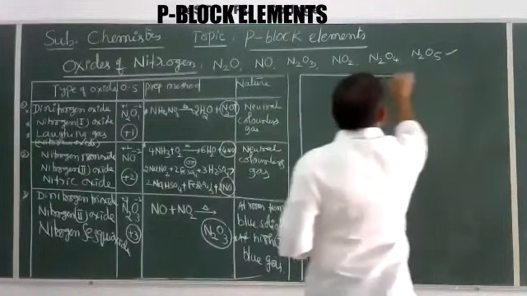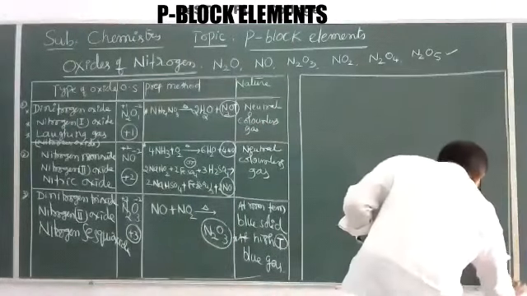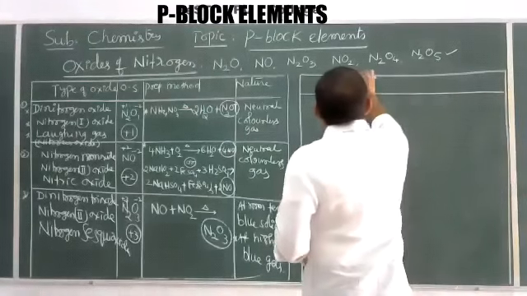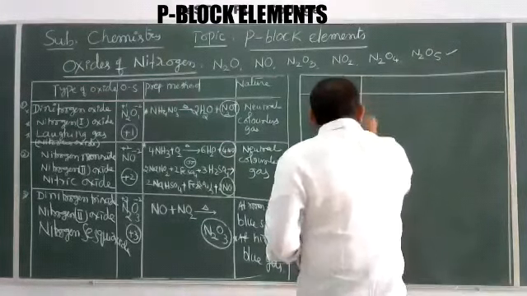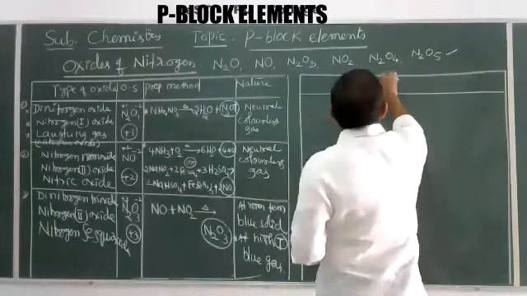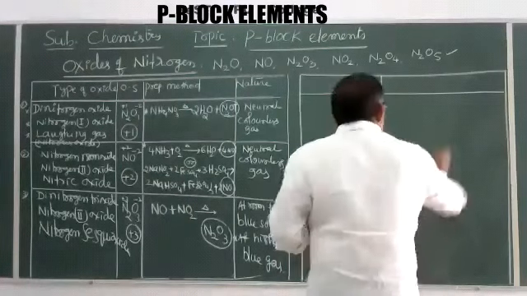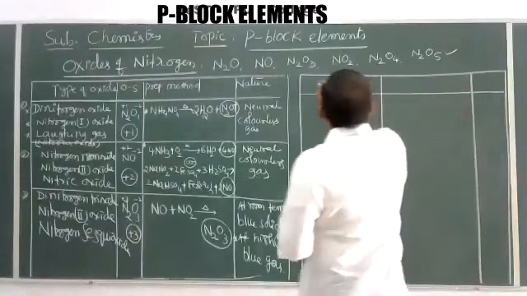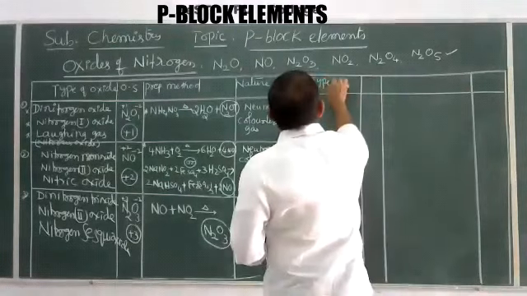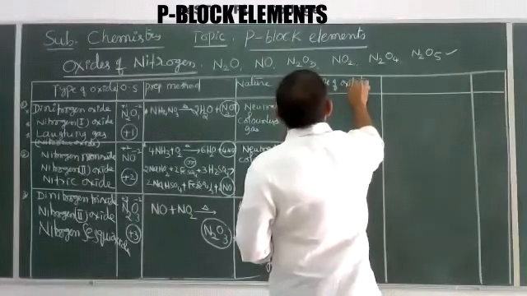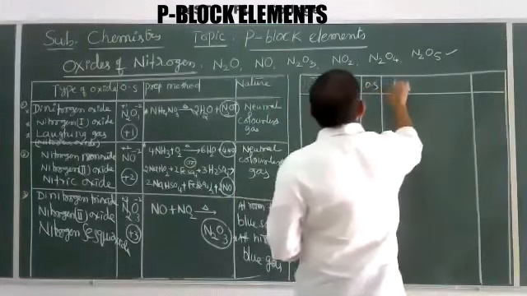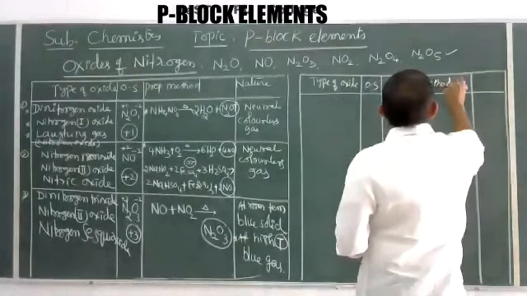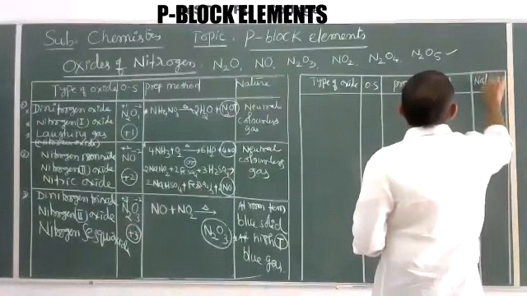Here also the same 4 columns: corresponding oxides, their oxidation state, preparation method and nature of those oxides.